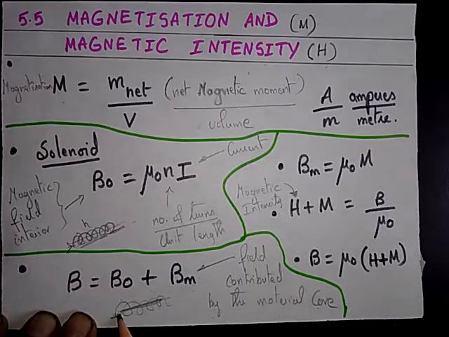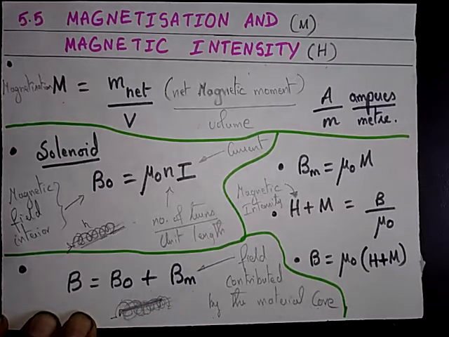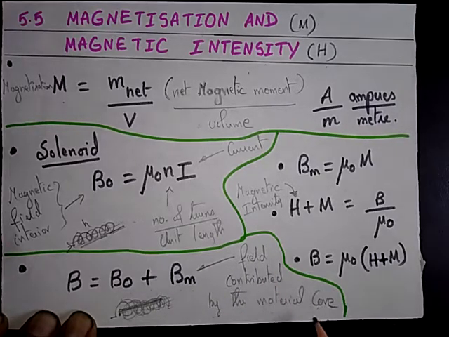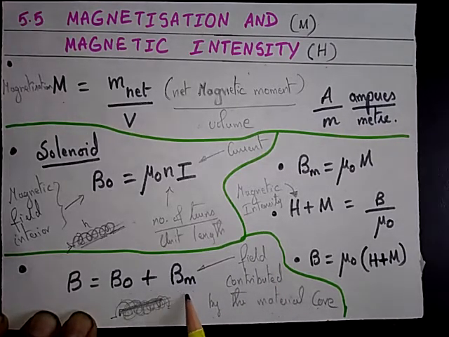That means inside you will be having a circular core over which the windings are wound, copper winding is there. So because of the magnetization nature of this core, it will contribute to the magnetic field. So the field contributed by the material core is referred to as Bm.